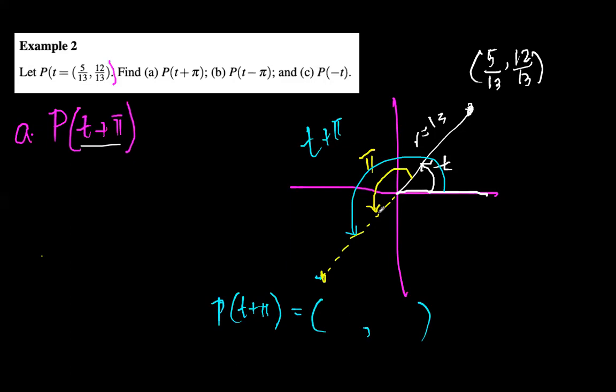Kasi it is a straight line and it can be found on the third quadrant. Diba? So that, tapos negative 12/13. Okay, eto na yung T plus pi natin. I hope nakuha niyo yun. Okay. Next.